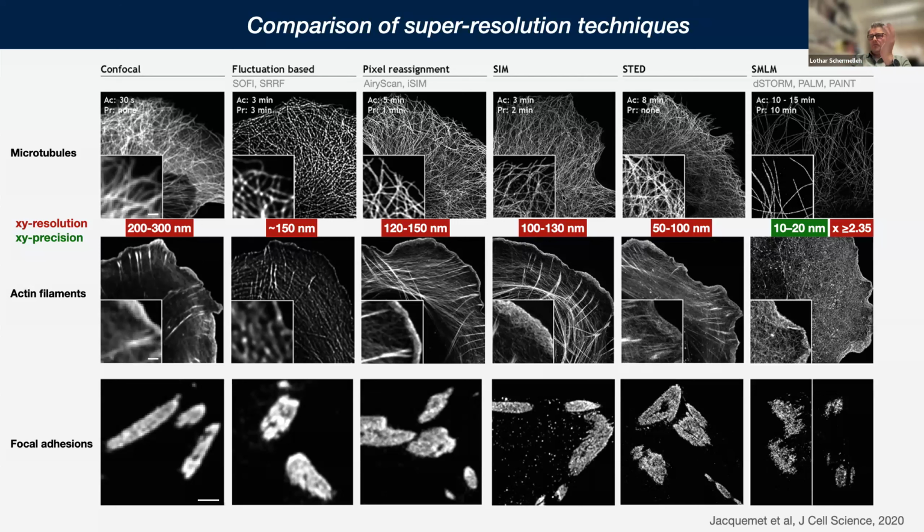And then, of course, interference-based classical SIM gets us down to 100 nanometer. And then we have STED, stimulated emission depletion, and single molecule localization techniques. I should note that they are often advertised with a very high number, 10 nanometer, which refers to the localization precision.